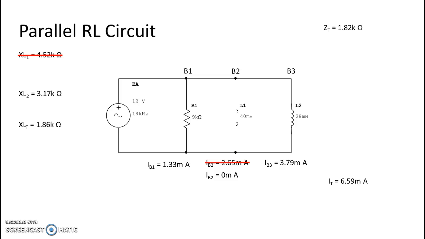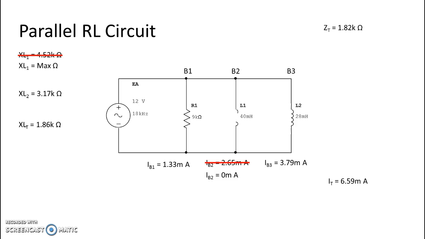Now, ohmic values, of course, we're expecting XL1 is going to maximum, and XL2, the ohmic value for L2, is not changing at all. The frequency is the same, the inductance is the same, 2 pi is the same, so our ohmic value is the same. Now, when you reciprocate to get a total ohmic value, if you knew a maximum value, what it essentially does is drive that total ohmic value to that smallest value.